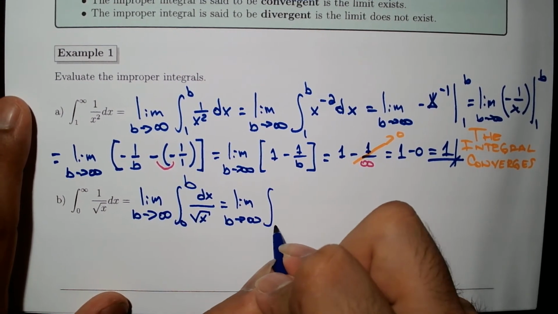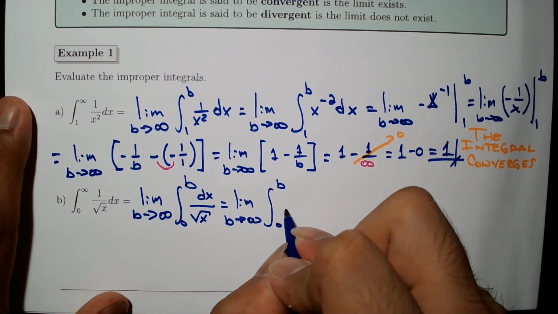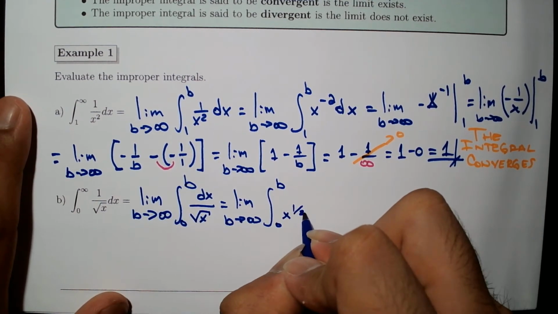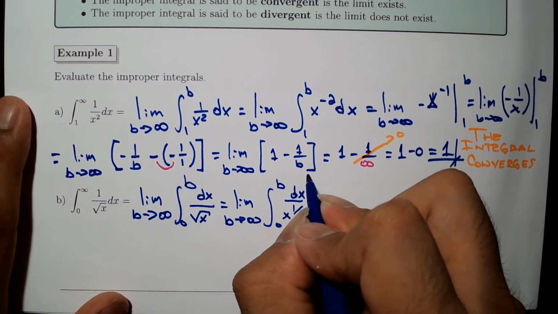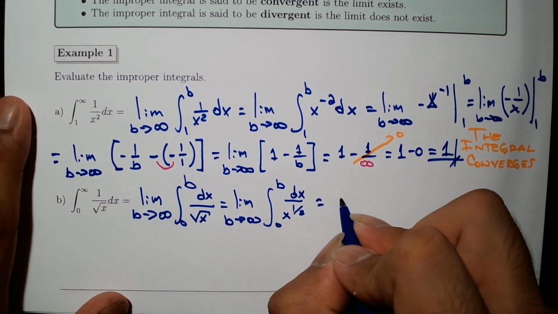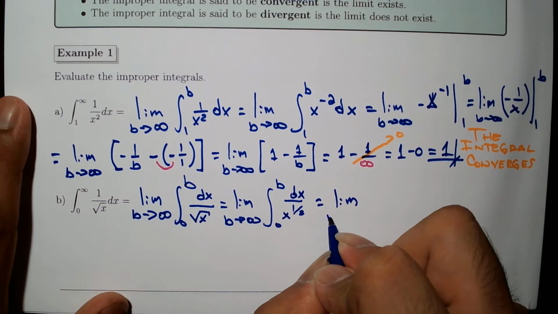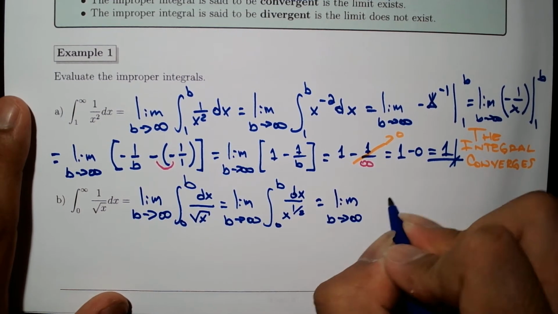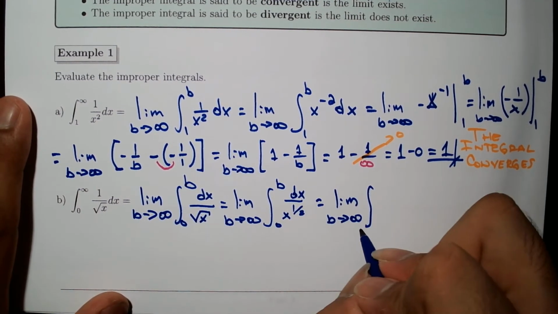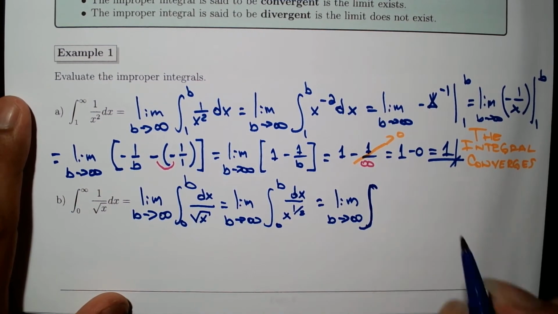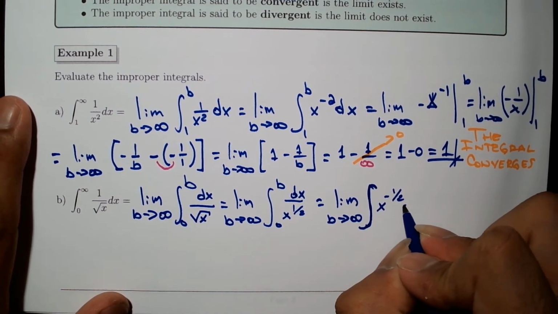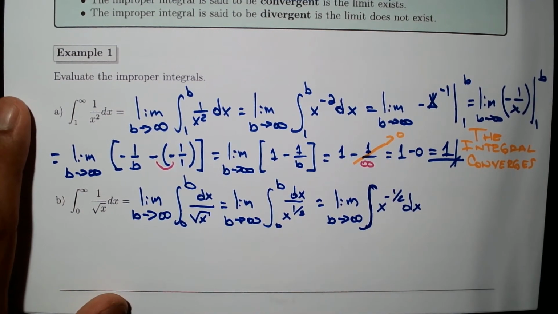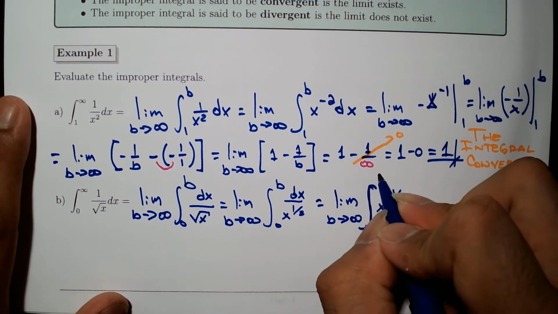So I'm going to have the integral from 0 to b, x to the 1/2 in the denominator first, and then I'm going to move this x to the positive 1/2 to the numerator with negative exponent in a way that we can evaluate that integral. We still keep the limit 0 to b.